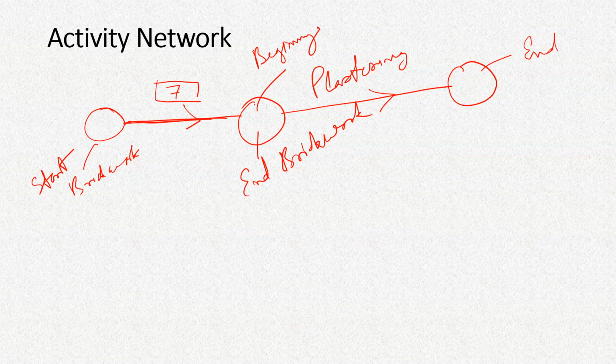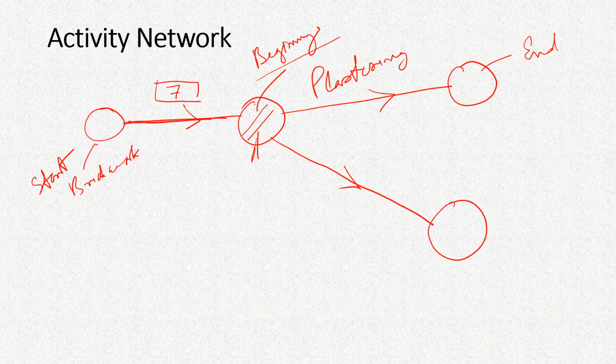Now you see this same node represents the end of brickwork and the beginning of plastering. So this is a technique which we can use. And if there is some other activity which is also dependent on the brickwork, then that will also start from the end of brickwork and lead somewhere else. So this is one way of representing these activities and their relationship.